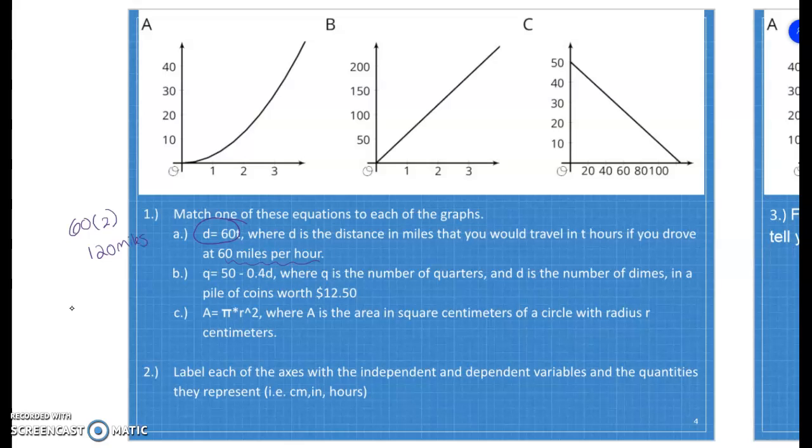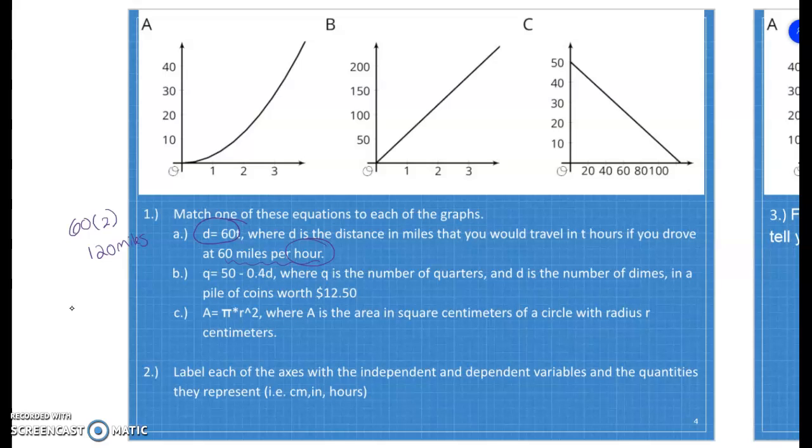So I'm going to look at which graph matches it. I'm going to start with A. My x-axis is counting by ones, which is perfect because we're dealing with hours. So this could be a possibility, but I know after 1 hour, since I'm going 60 miles per hour, I should be at a distance of 60 miles.